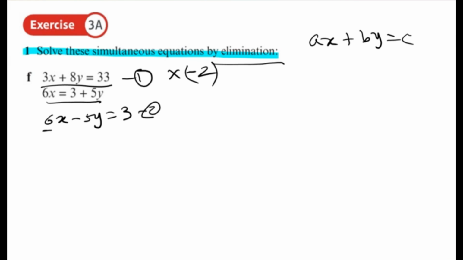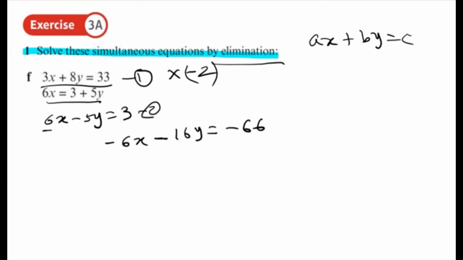When I multiply the first equation by minus 2, I will get minus 6x minus 16y is equal to minus 66.